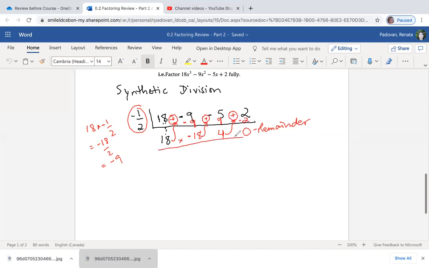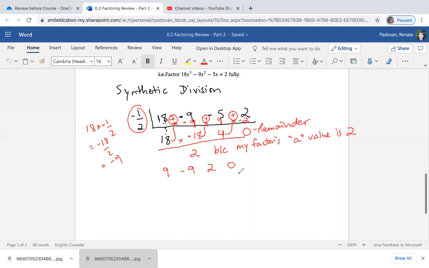I need to divide by 2 because my factor's A value is 2. If you have a fraction, you have to divide by whatever the denominator is in your multiplier. So if that was negative 1/3, you would divide by 3. So if I divide by 2, 18 divided by 2 is now 9, negative 9, 2, and 0, right?